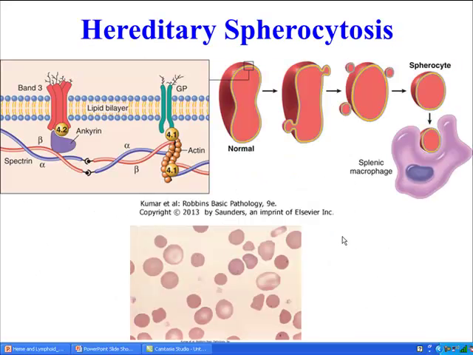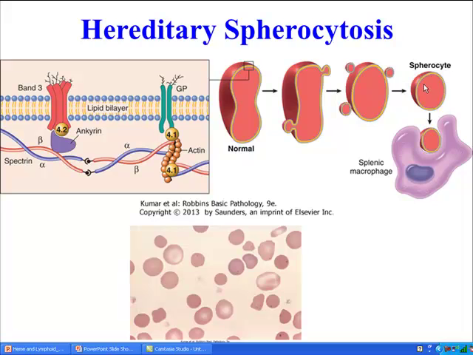This diagram just shows the pathogenesis of hereditary spherocytosis. You can see the protein ankyrin here and the protein spectrin here. These proteins are part of the red cell membrane skeleton. When there are mutations of these proteins, the red blood cells will lose or shed membrane vesicles, and then they transform or become spherocytes.